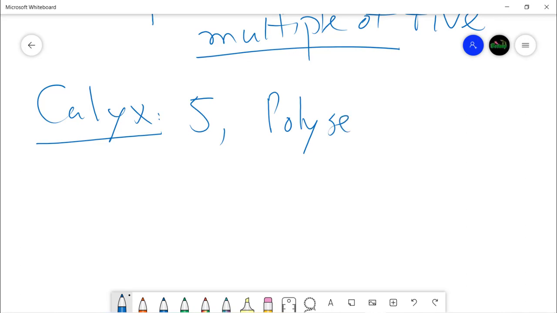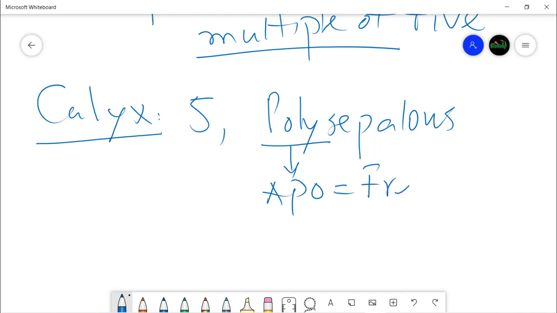And polysepalous. Now this is an old term, poly. It is not used now, but anyway, it is still used in the literature. So poly has been substituted with apo, and that means free. That is when all the sepals in the calyx are free from one another and there is no fusion among the sepals, so it is apo.